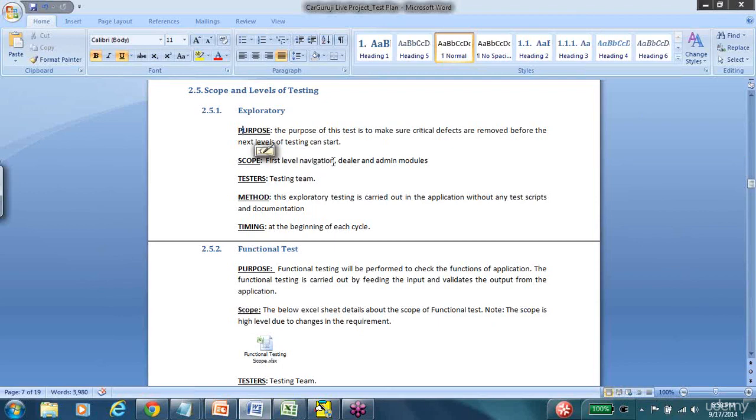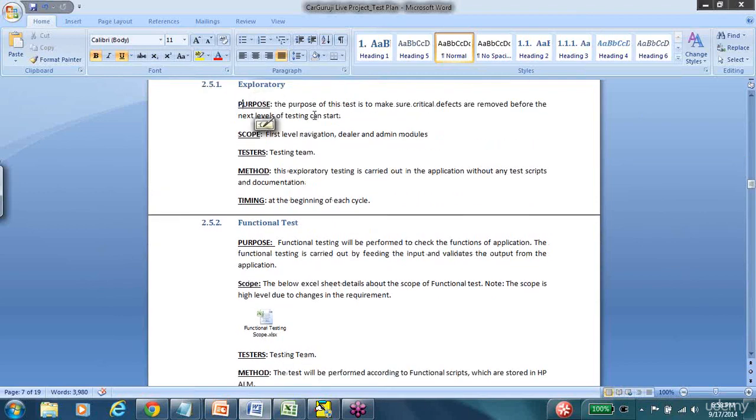So the purpose of testing. What is the purpose of exploratory testing? It says that this is to remove critical defects before the next levels of testing can start. Does that make sense, team? We talked about how exploratory testing is to get familiarized and explore the system. So how do you think it removes the critical defects?